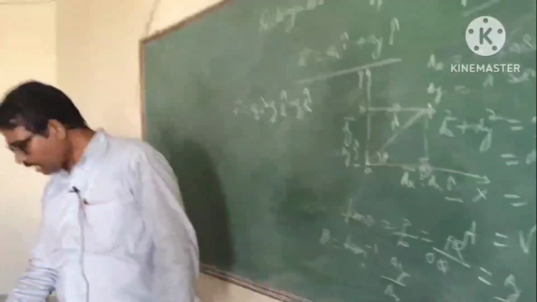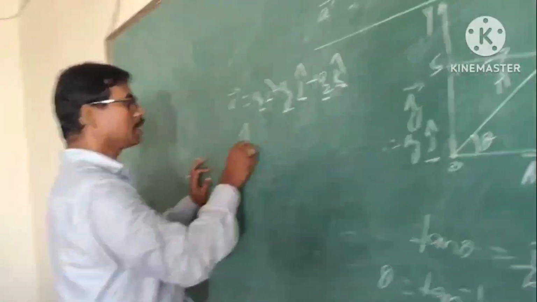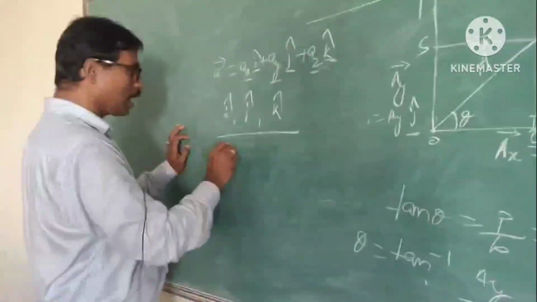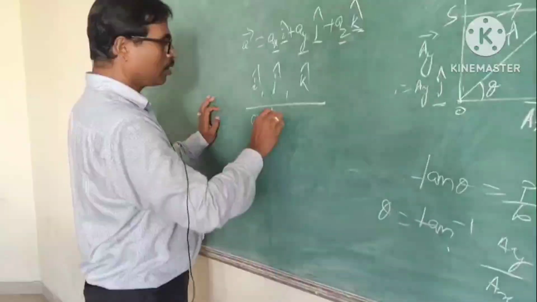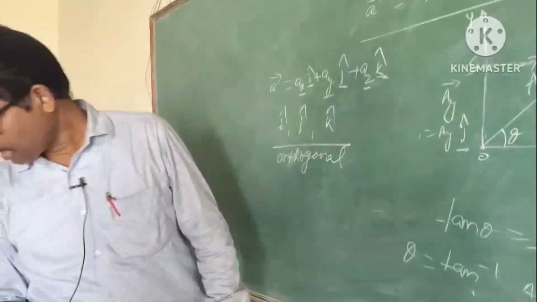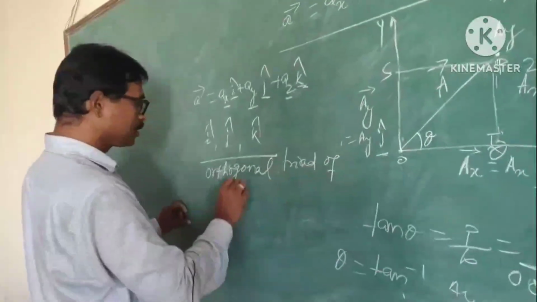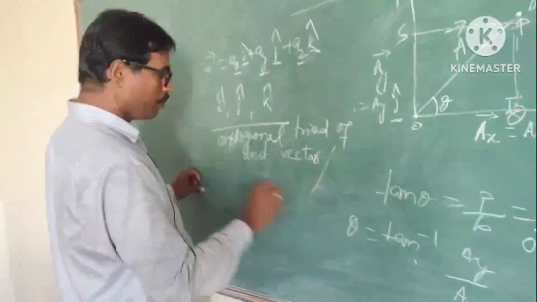The orthogonal triad of unit vectors i cap, j cap, k cap, known as orthogonal unit vectors or base vectors.